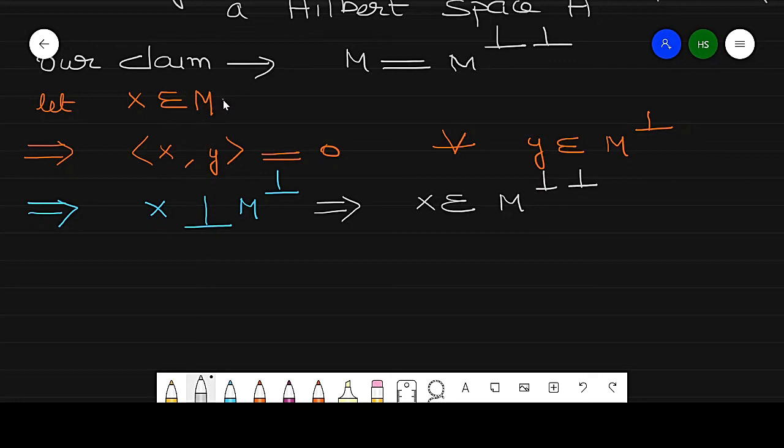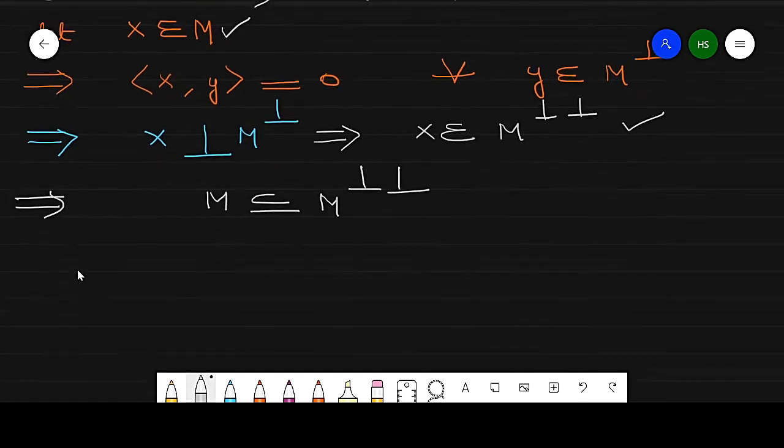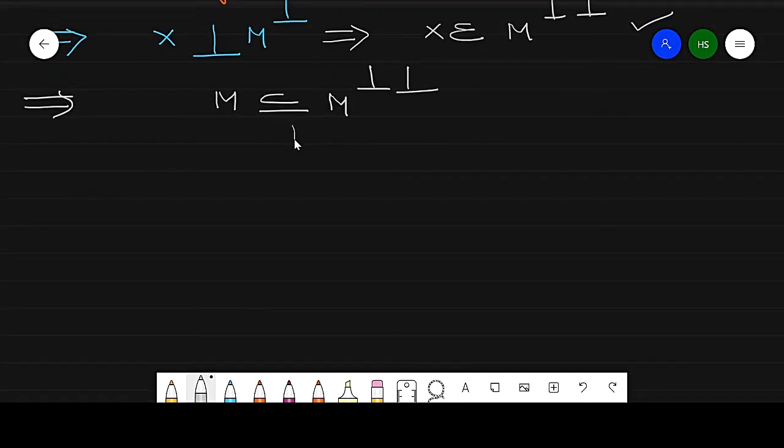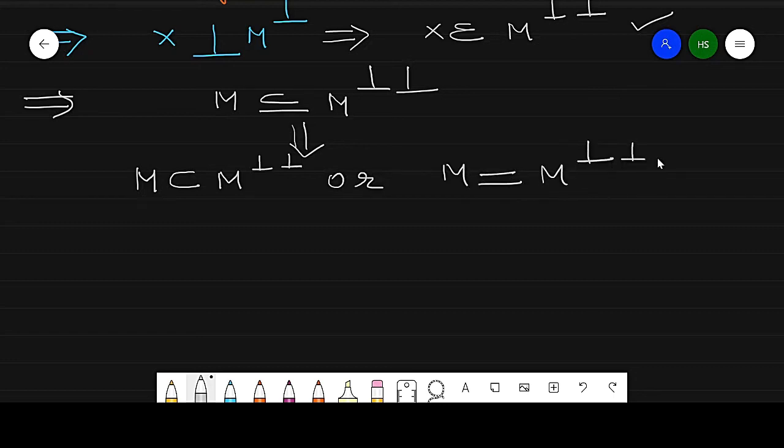So I take a vector from M and that vector belongs to this. So one thing is clear: M is a part of its double orthogonal complement. Now it has two possibilities: either M is a proper subset of this set, or M is equal to this set.